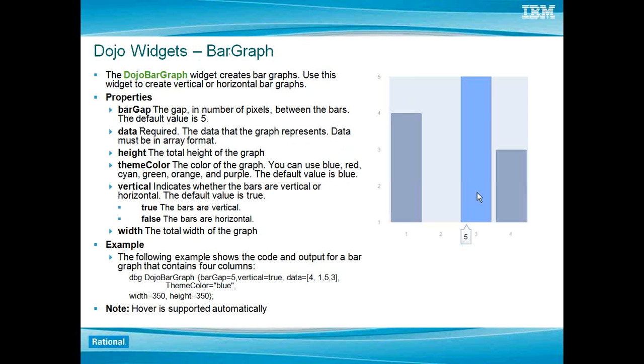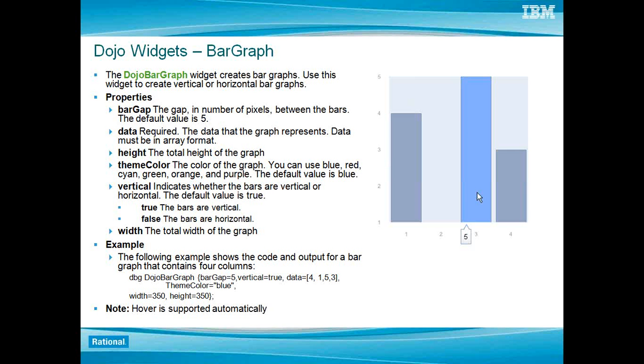This is a bar graph chart. Here we show our data in a graphical manner using different bars with different sizes. It has different properties, like the gap between the bars, and the data, where we will be putting our array of data.